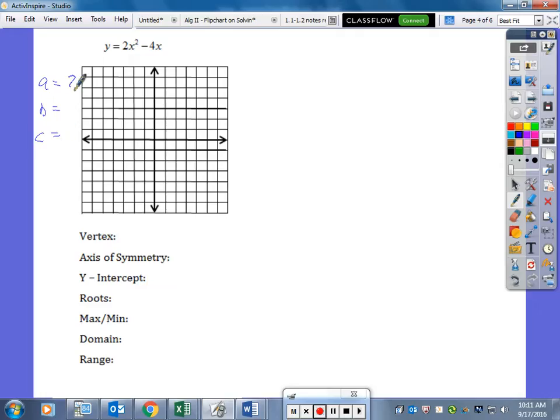A is +2, b is -4, and wait a minute, there is no c. Well, what does that mean? Back here we should have a number, we have nothing, and nothing in math means 0. C is equal to 0.